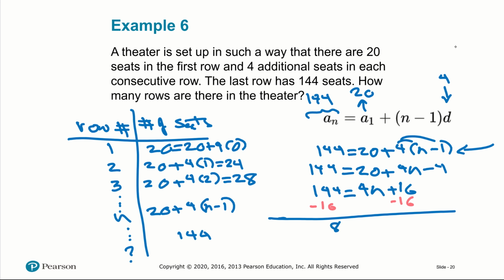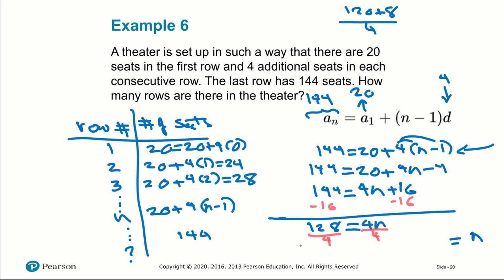So here we'll get 128 equals 4n. So now we divide both sides by 4. And we end up with n equals... now here's one of those scenarios where most people may jump to their calculators, but if you really think about it, you don't need to, because you can cleverly break 128 up into 120 plus 8 divided by 4.